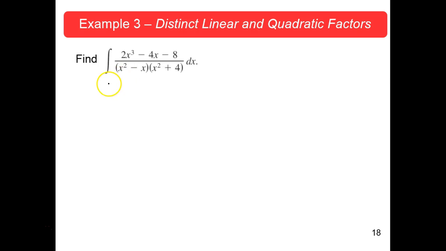What does that give us? x times (x plus 1) minus 1, so no plus there, times x squared plus 4. That one can't be factored any further.